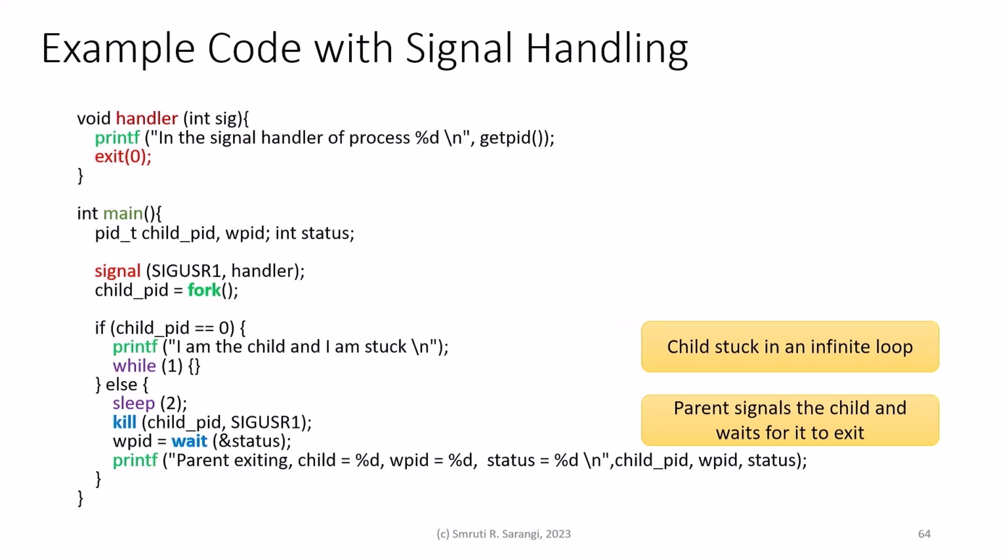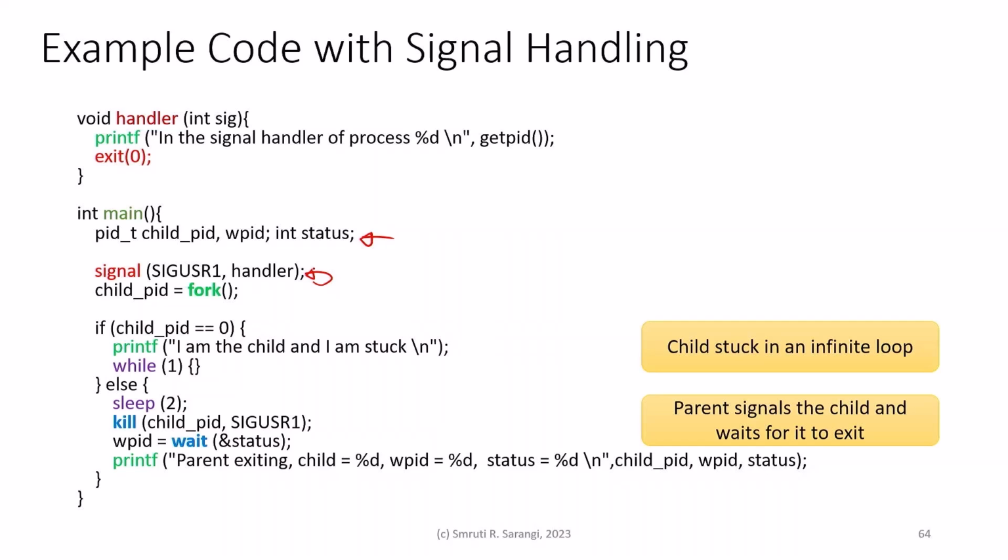So let's look at an example code with signal handling. We will understand this in a reasonable amount of detail. So you have a main function. Let us go over it line by line. Consider this line, we are not doing anything. We are just declaring a bunch of variables, a child PID, a waiting PID, and a status. We'll see what they mean in due course of time. Then we register a signal handler.